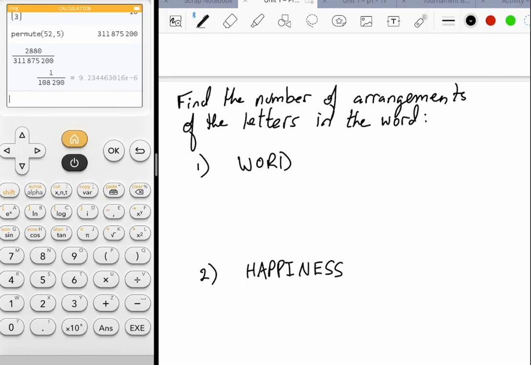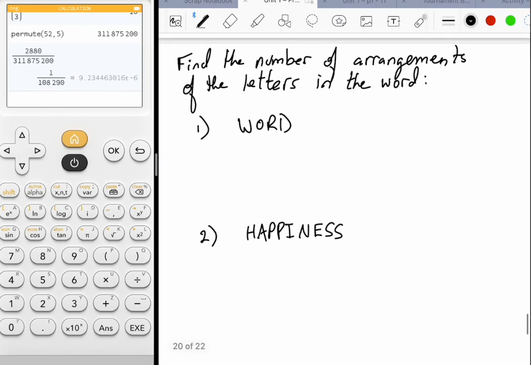All right, so if I want to rearrange or create an arrangement of the letters in the word word, any of the 4 letters could occupy the first position of the new word.